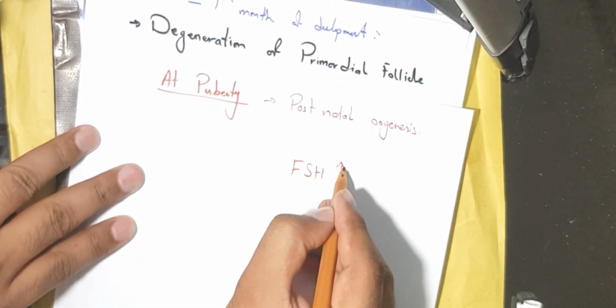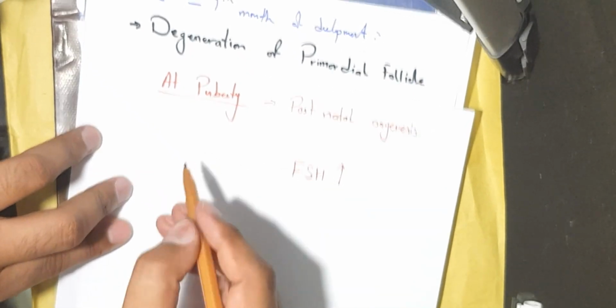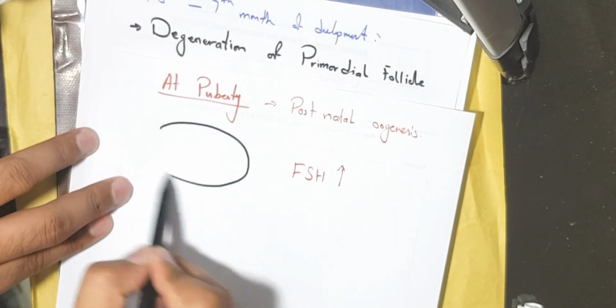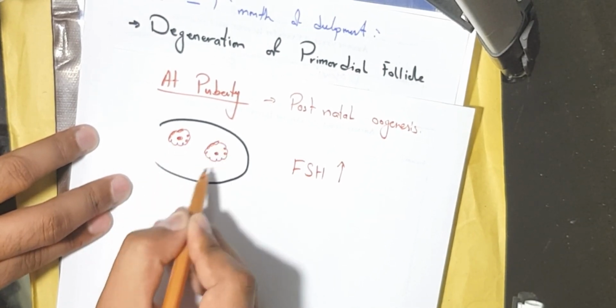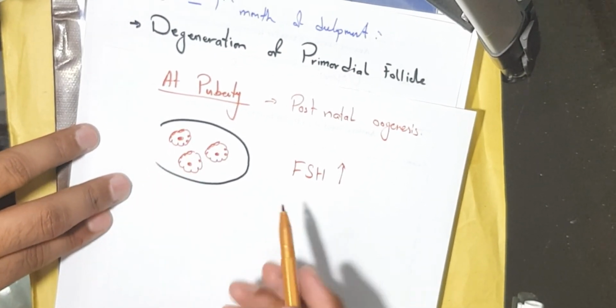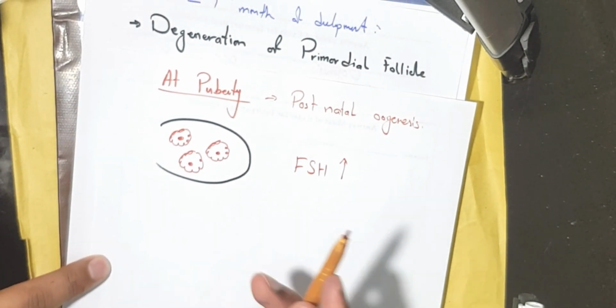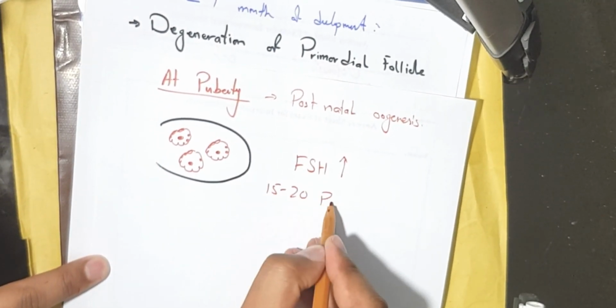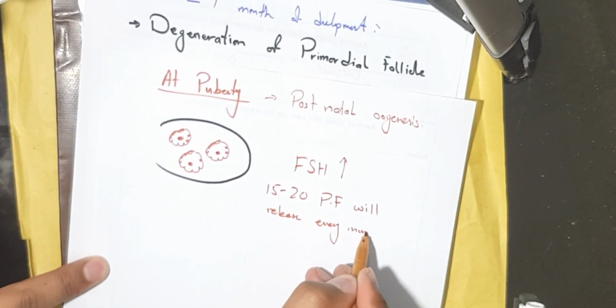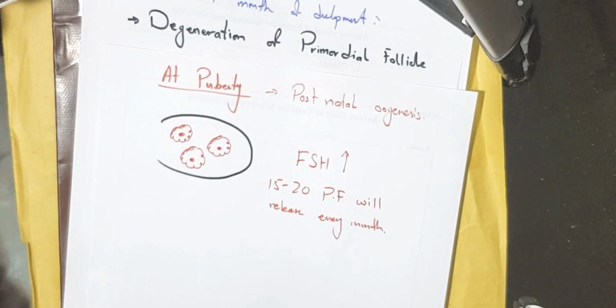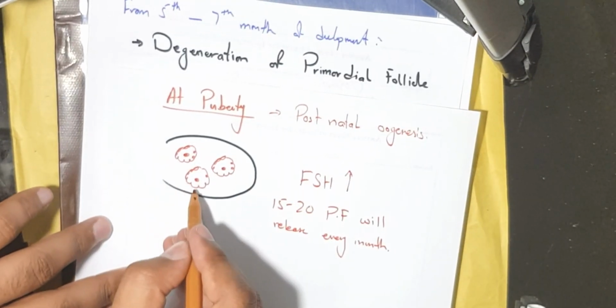At puberty, a surge of FSH, or follicle stimulating hormone, will happen, and it will result in the release of 10 to 15 to 20 primordial follicles every month. These follicles will be stimulated and further matured.